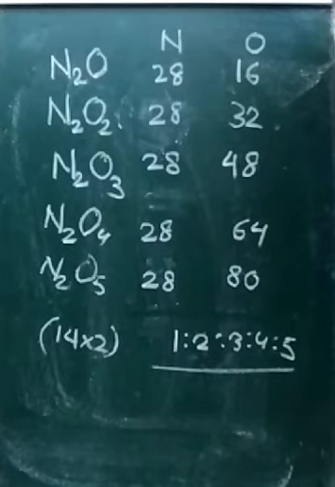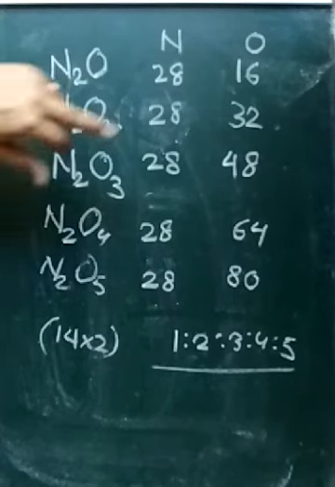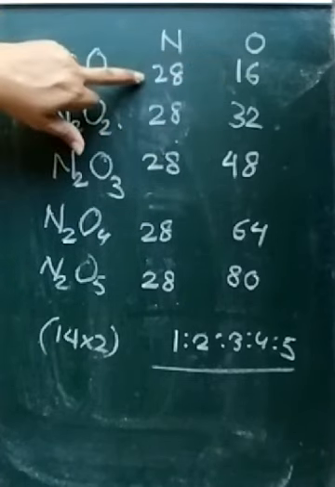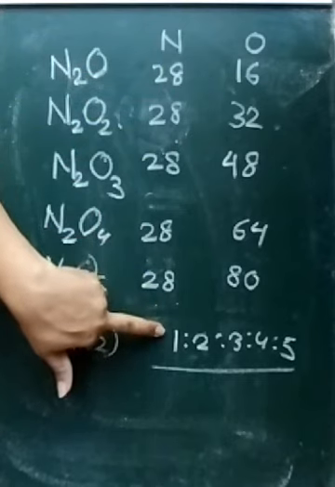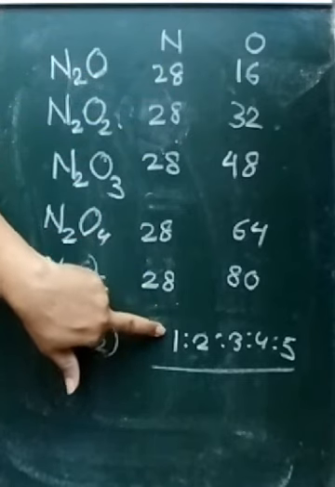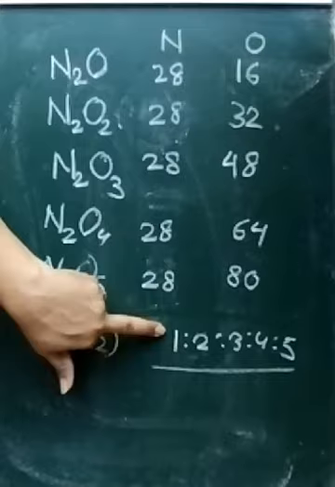How do we define it? When two elements combine to form more than one compound, then different masses of one element combined with a fixed mass of another element bear a simple whole number ratio. That's all for multiple proportion.